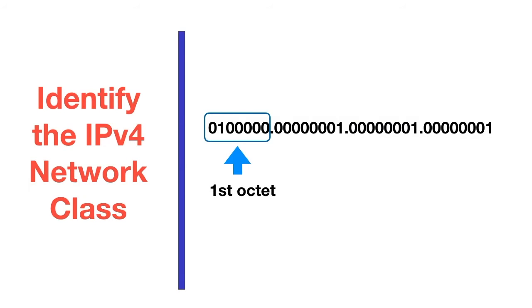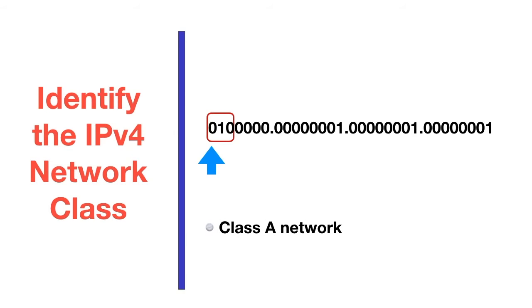In fact, we can identify the network class by just looking at the first 3 bits of the octet. In this case, the leftmost bit is a 0. This indicates a Class A network.